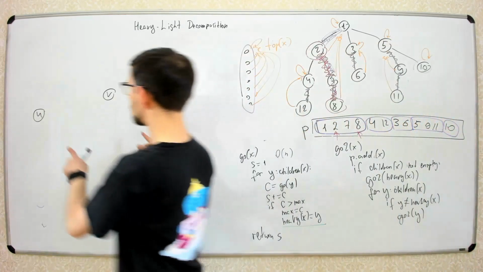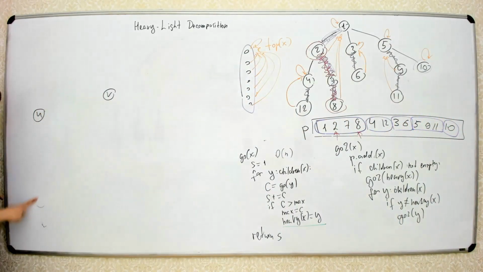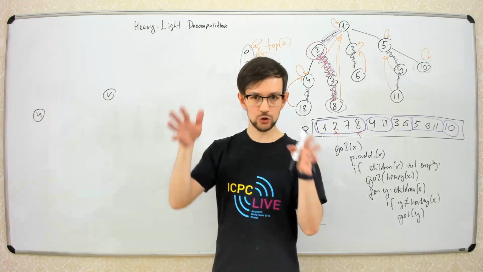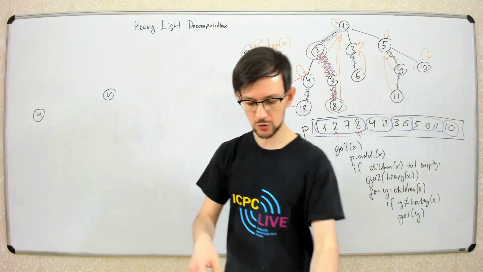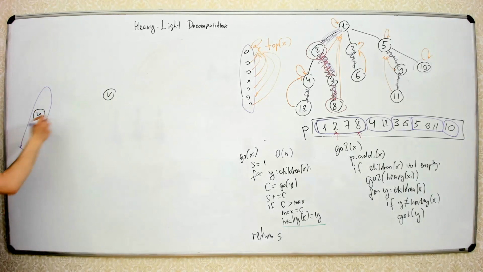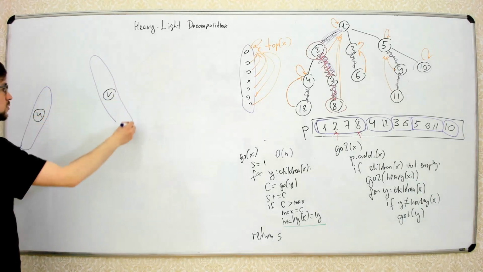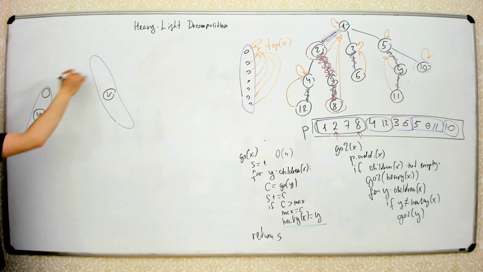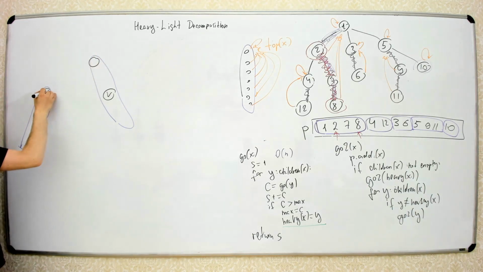You take these two nodes and you want to calculate the function on this path. Let's find the two heavy paths which contain these two nodes: one heavy path contains node U and another contains node V. Let's take these two top nodes, let's say X and Y.